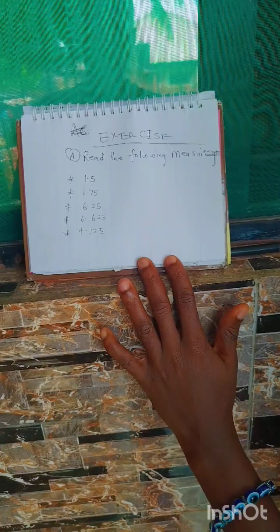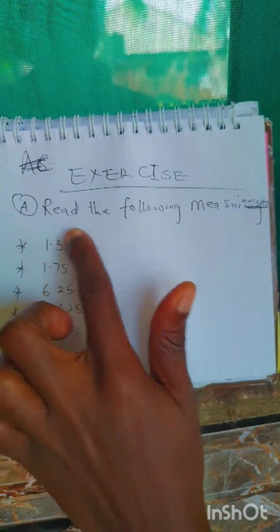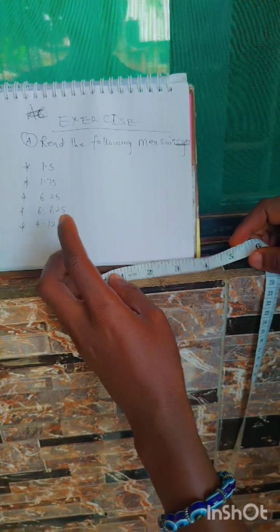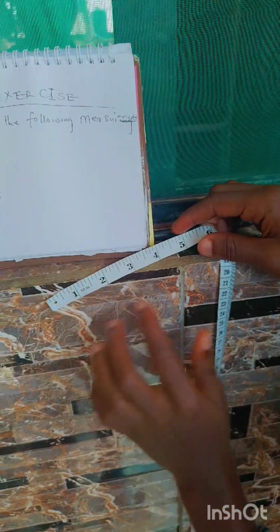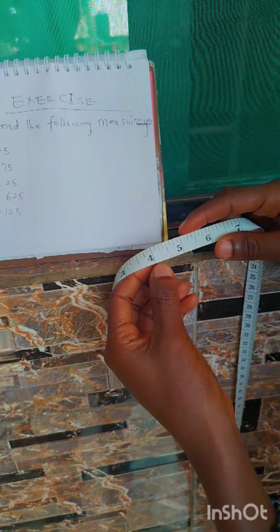Can you see? This is an exercise for you to practice on your own. It says read the following measurements, and make sure you have a tape. What you do for me is make a video of yourself. Maybe I tell you to read 4 inches, so you know that this is 4 inches.